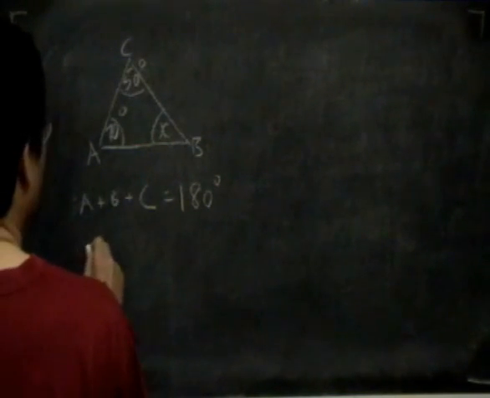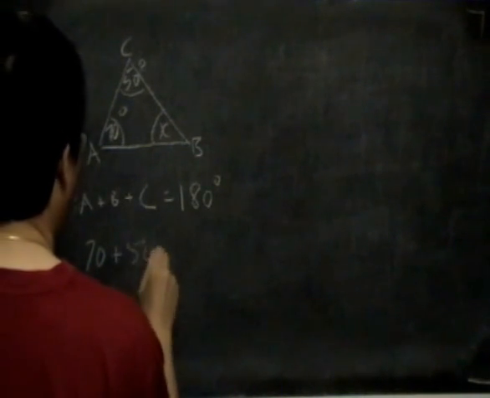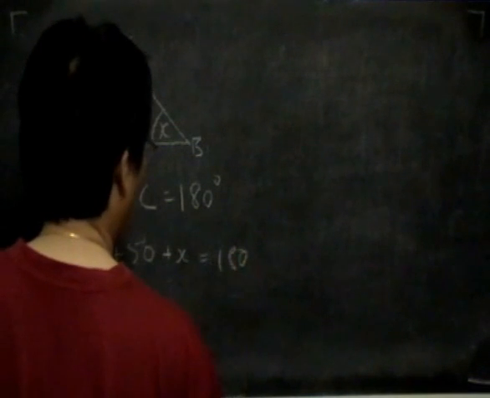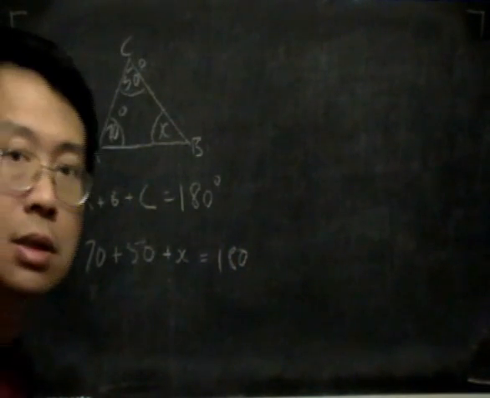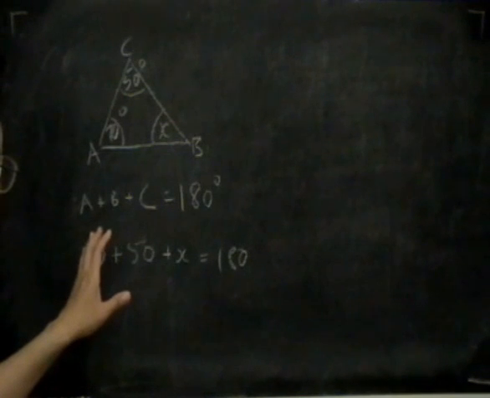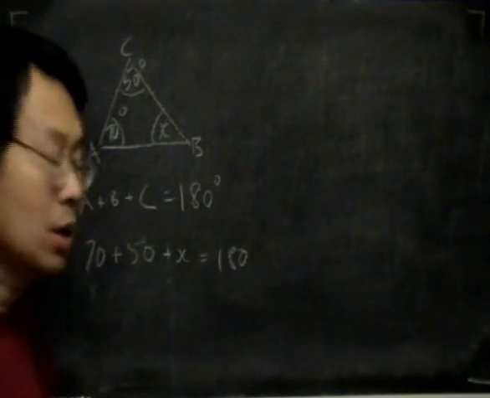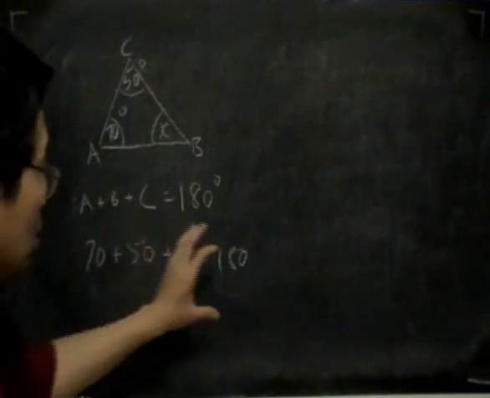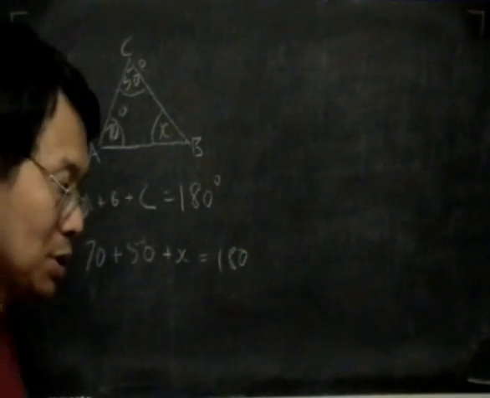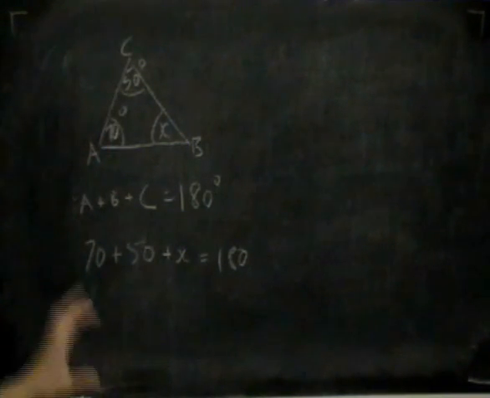We have 70 plus 50 plus x must be 180 degrees. Once you write this down, you can see that it is an equation, and we can use the methods in algebra to find the answer.